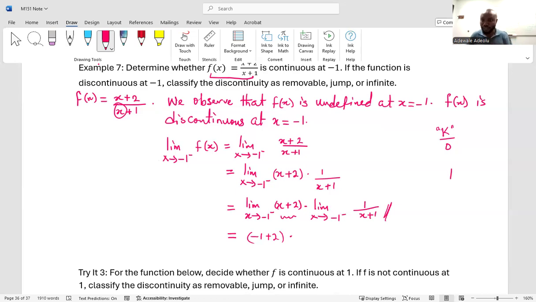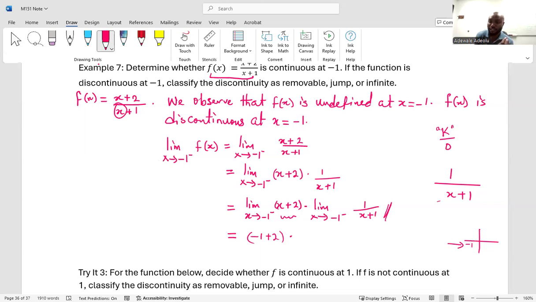Now, look at this 1 over x plus 1. Imagine plugging in a number close to -1, and you are coming from the left. So imagine putting a number here and you are dividing 1 by that number very, very close to -1. So what do you think will be happening?